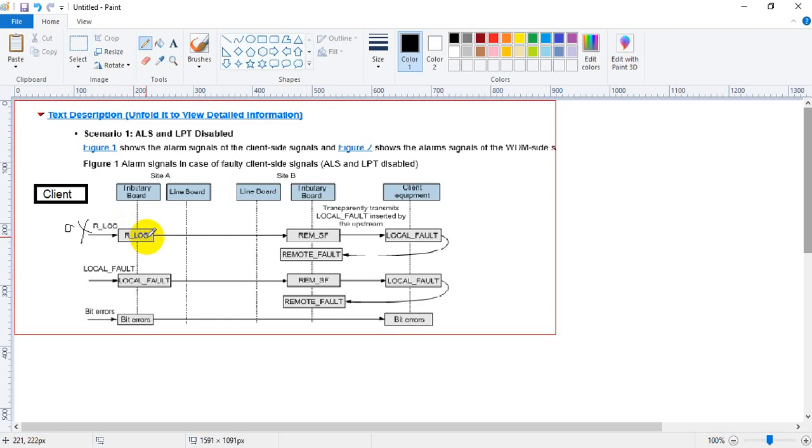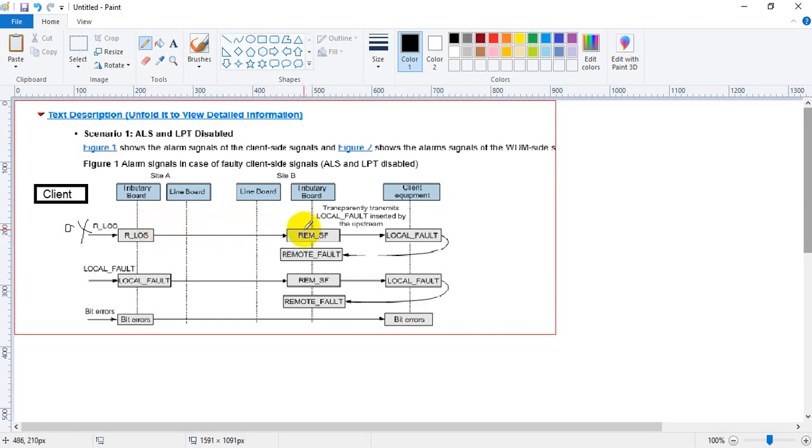That alarm will be triggered to the NMS, and subsequently a default code is inserted towards the downstream.